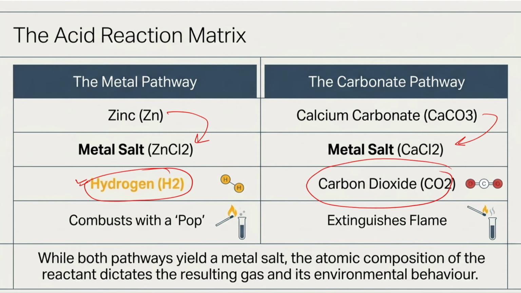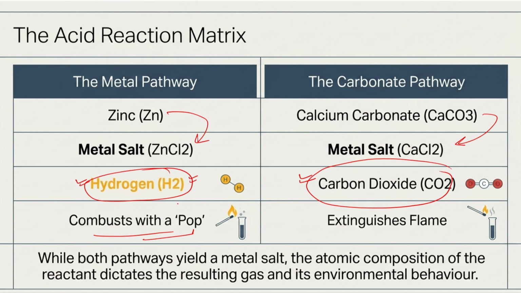Hydrogen gas is highly flammable, so it will act just the opposite. Carbon dioxide is used as a fire extinguisher, so it diminishes fire, whereas H2 is very, very flammable. It catches fire immediately and combusts with a pop sound.